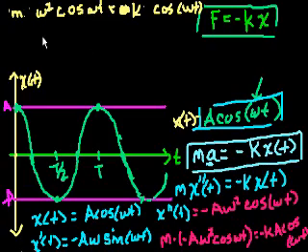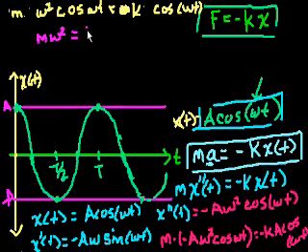So we have m omega squared cosine of omega t is equal to k cosine of omega t. So this equation holds true if what is true? This equation holds true if m omega squared is equal to k.